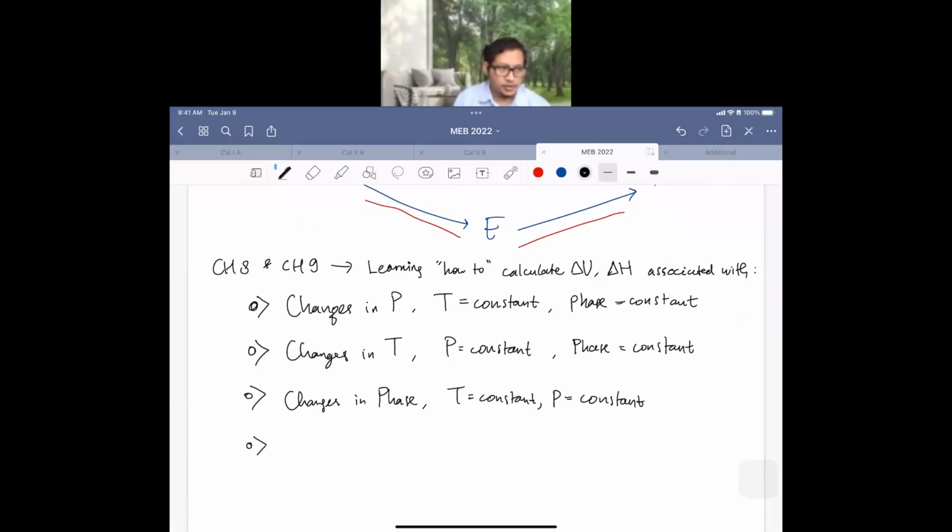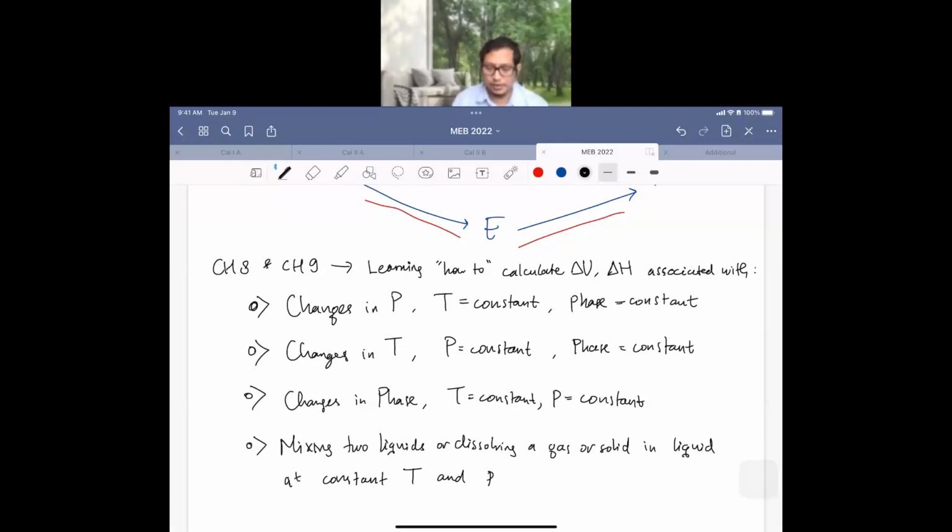Fourth, mixing two liquids or dissolving a gas or solid in liquid at constant T and P, so pressure and temperature are constant.